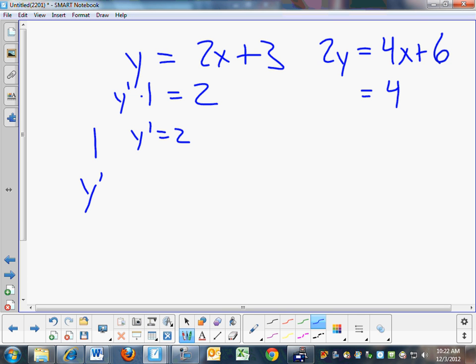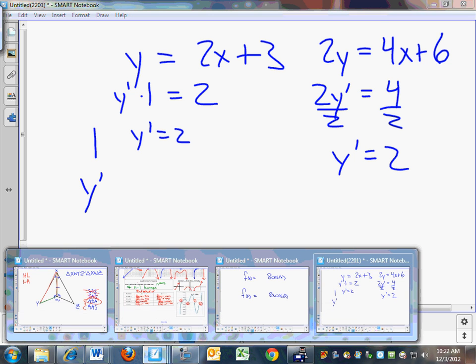What's the derivative of 2y? You would say 2, but then you realize that we have to attach a y prime, because y prime indicates that we were taking the derivative with respect to x. When I solve for this, I get y prime is equal to 2. See how they are the same? So my point is that you don't have to solve for y in order to do it.